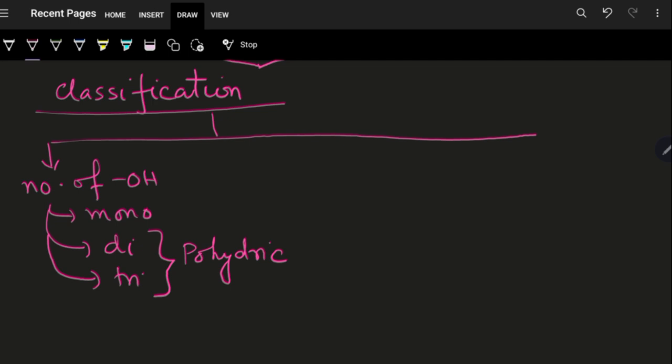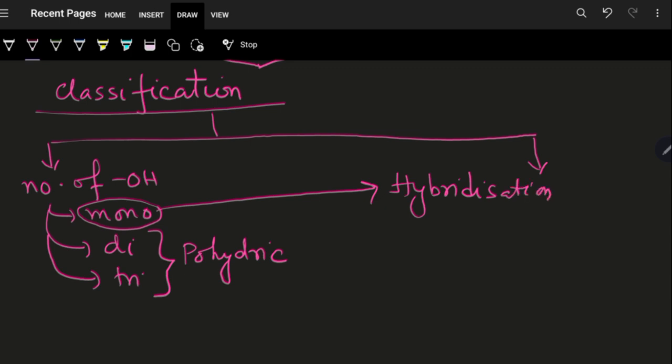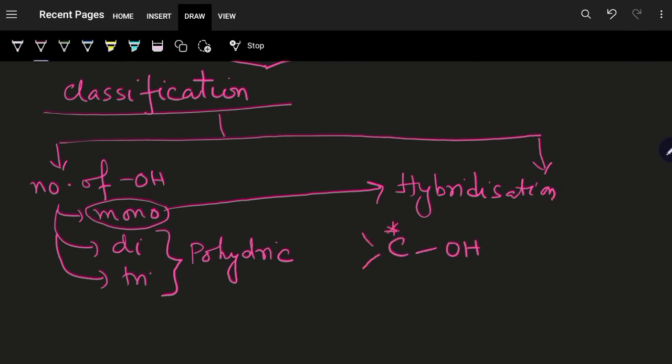Now, for monohydric alcohols, there are certain classification based on the hybridization. So classification based on hybridization of the carbon atom which is having the OH group. The carbon having OH can be sp3 hybridized also, sp2 also.